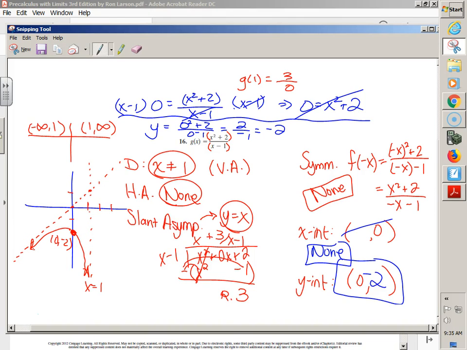And if you just plug in one little point, like, I don't know, maybe plugging in 2 as an x to get out a y. 2 squared is 4, 4 plus 2 is 6, 6 over 2 minus 1 is 5. 2 is going to go up 1, 2, 3, 4, 5. Maybe I can kind of follow that one also.